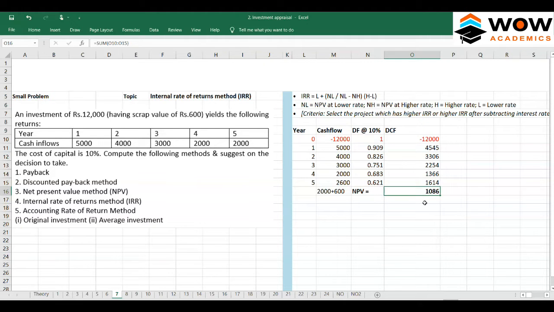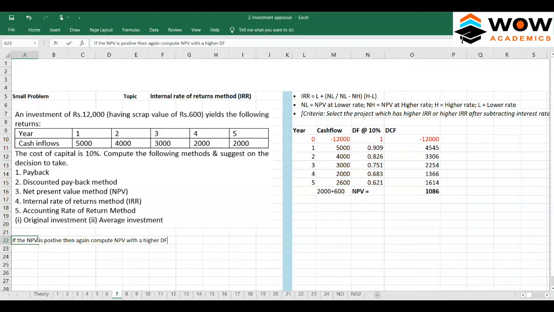The concept thereafter is: if the NPV is positive, then again compute NPV with a higher discount factor.